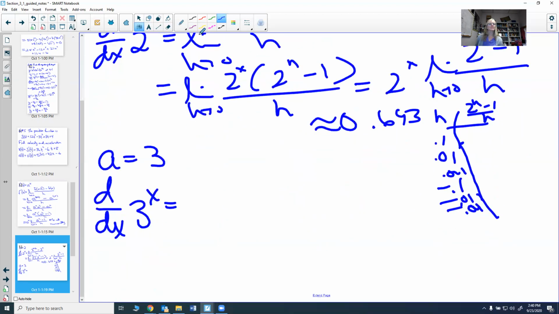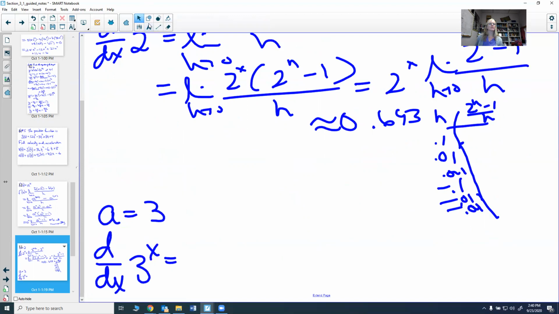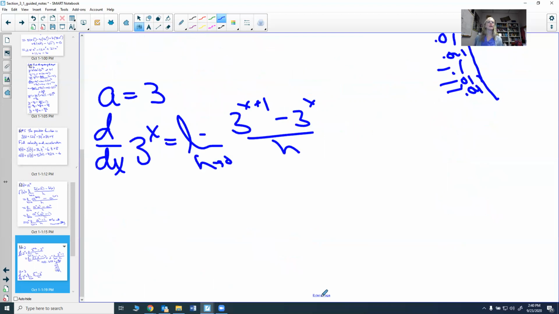We can do the exact same thing here. Let's do it with 3. I'll do the exact same process. I won't go through all the steps because we've done these enough times, but the same idea. This would be the limit as h goes to 0 of 3 to the x plus h minus 3 to the x all over h. And then same idea, pull out what's common.